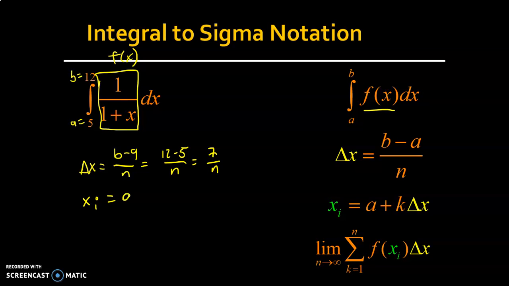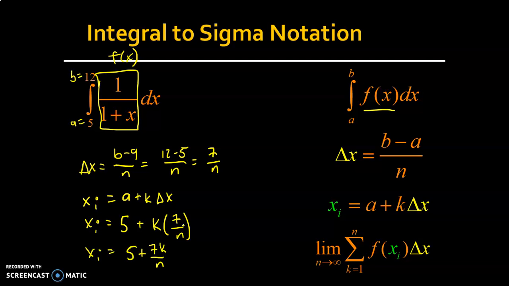So a plus k delta x. So x sub i equals a, which was 5, plus k. k and n are just going to stay as variables. And then for delta x, I'm going to plug in what I got, 7 over n. And a lot of times you'll see it simplified as 5 plus 7k over n.